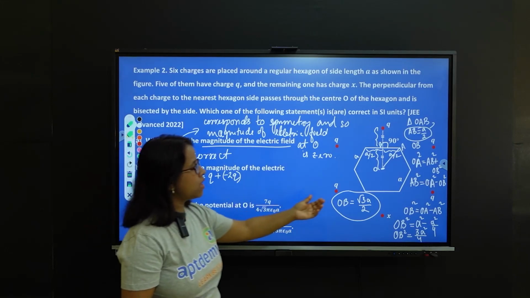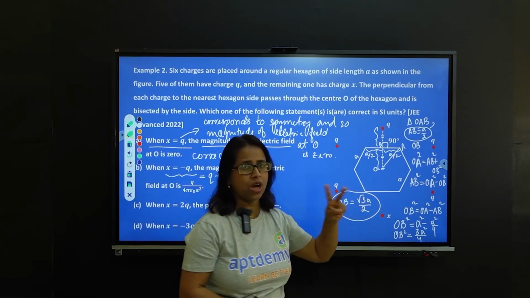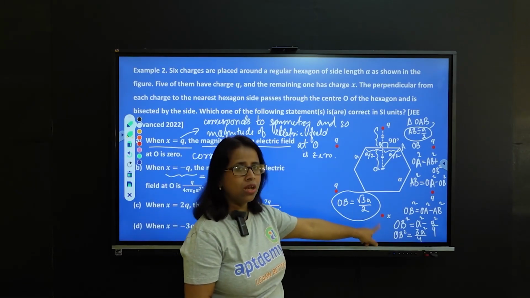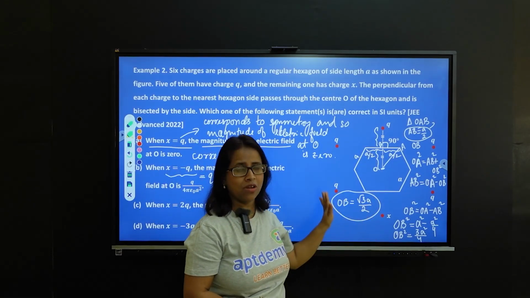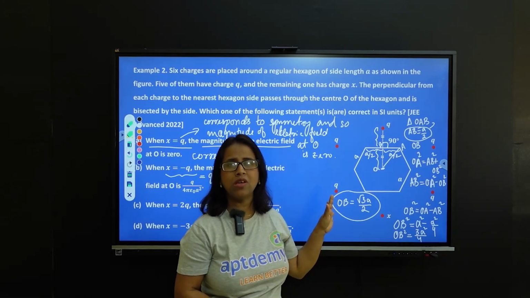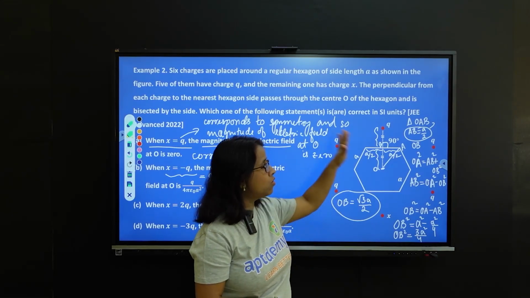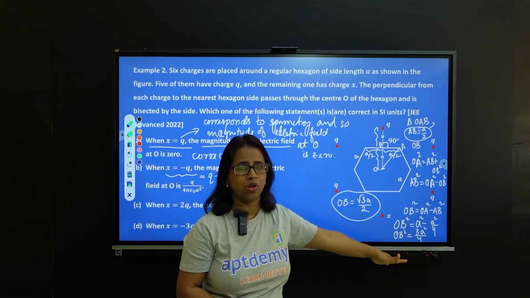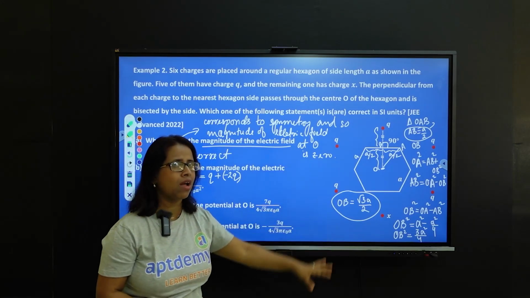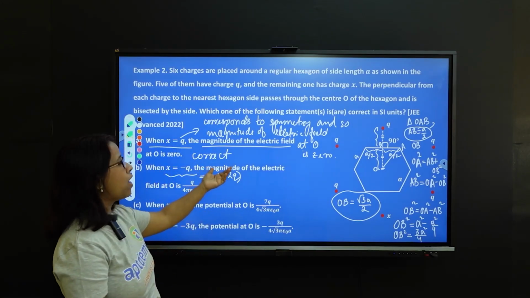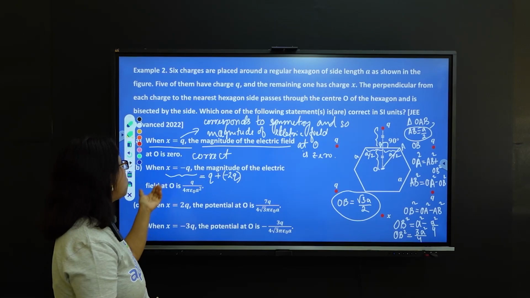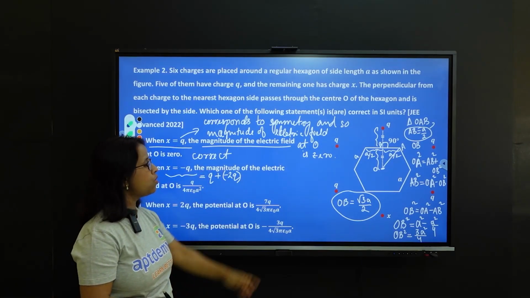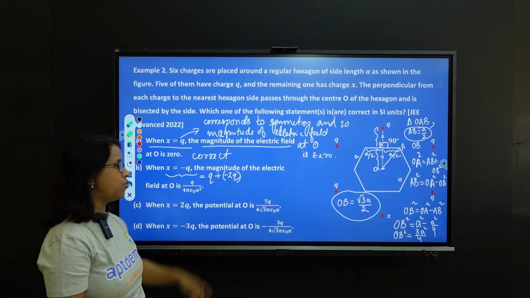Now if this x is a combination of 2 charges q and minus 2q, then the charge q will give rise to the symmetrical structure which amounts to 0 electric field at O due to all the 6 charges. But we are still left with the charge 2q. Now considering only that charge 2q, if we try to find out the magnitude of the electric field, mind it, we are concerned with the magnitude. That is why we will ignore the negative sign of 2q here.